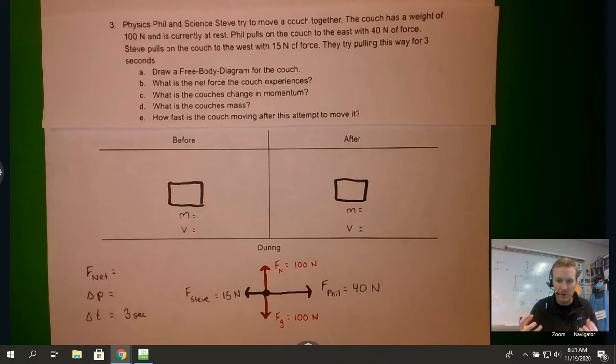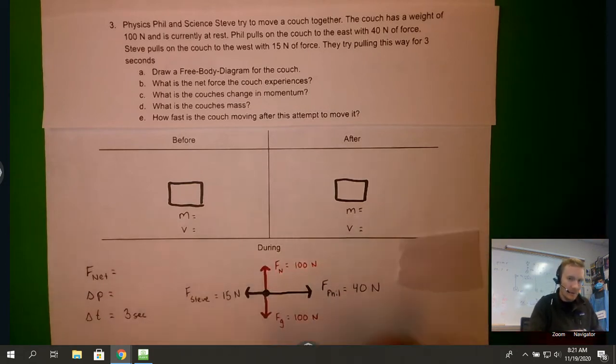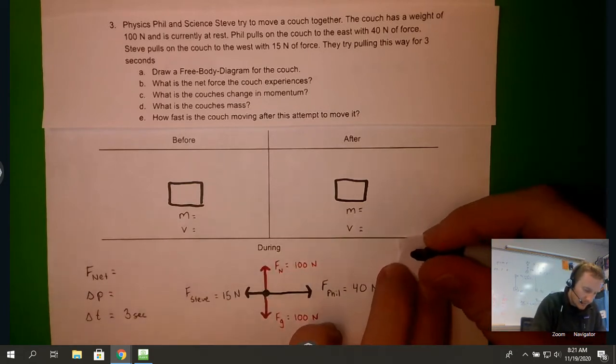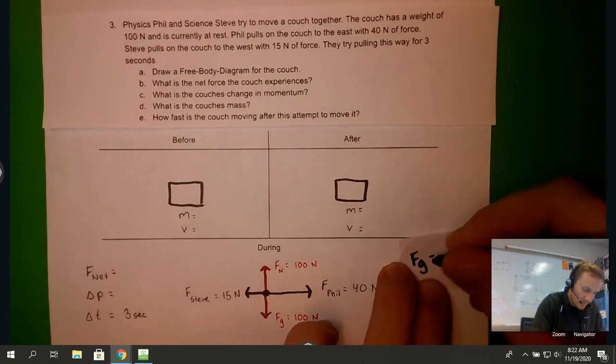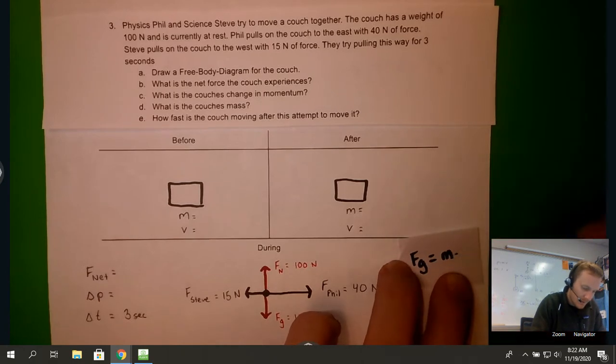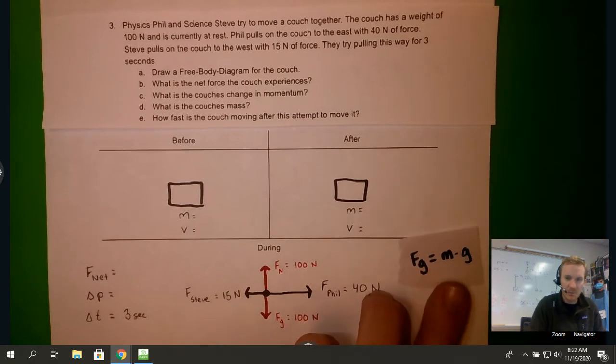Your weight is a measurement of your stuff interacting with a gravitational field. Okay, and to just kind of save this for later, we could say that the force of gravity is equal to your object's mass times its interaction with gravity.